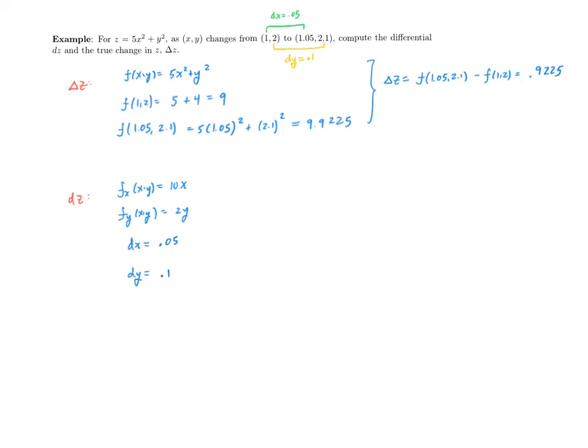And from our previous definition of dz, it's going to be defined to be f sub x at that point 1, 2, the value that's easy to compute, times dx, plus f sub y at 1, 2, times dy, the small change in y.